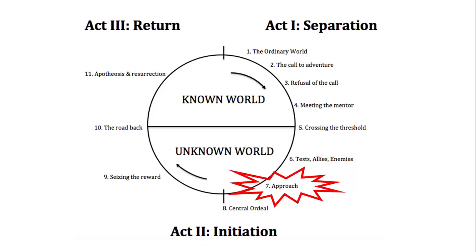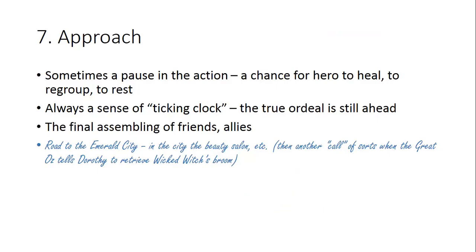So then comes this very interesting phase that happens quite a bit, and sometimes heroes might bounce back and forth between 6 and 7 for a little while, but number 7, this sense of the approach, is almost like a moment of rest before the hero gets to the final big battle.